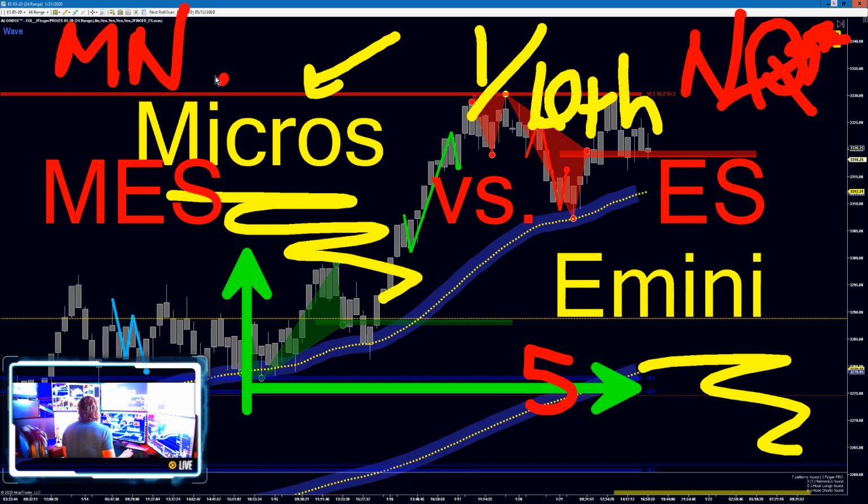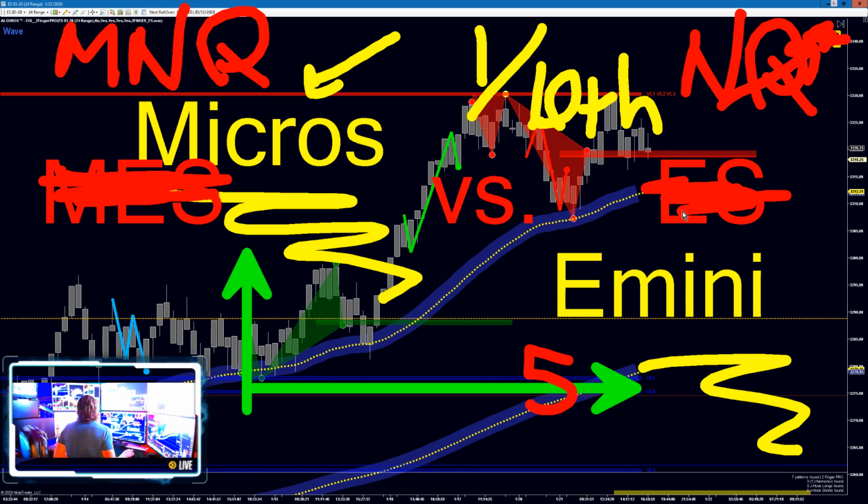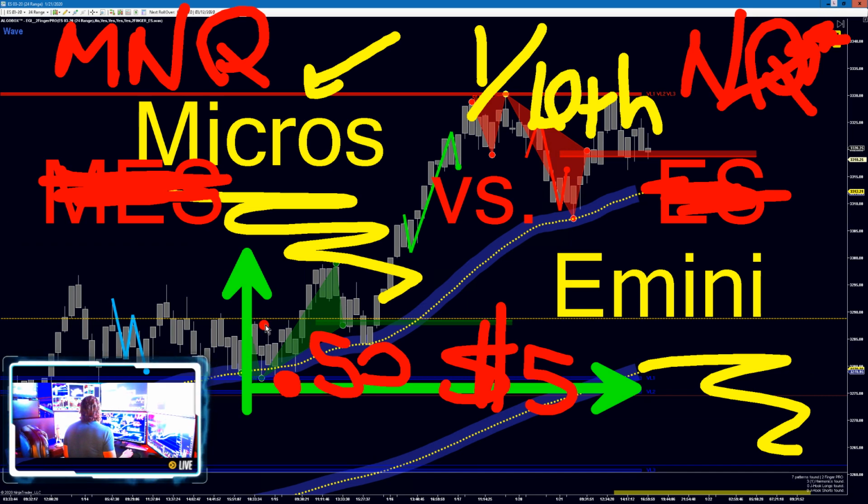Anything with an M in front of it is pretty much the micro of the E-mini. I hope you guys are following with me. If you get lost, you catch me up. For the NASDAQ it's $5 a tick, but for the micro it's going to be 50 cents per tick.